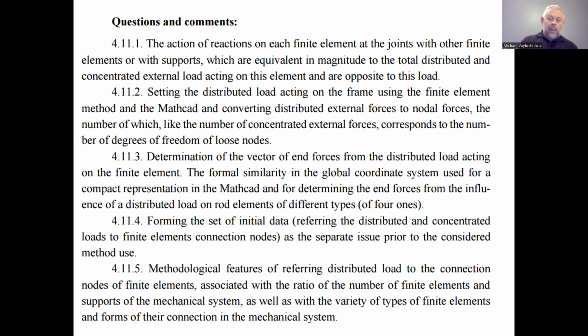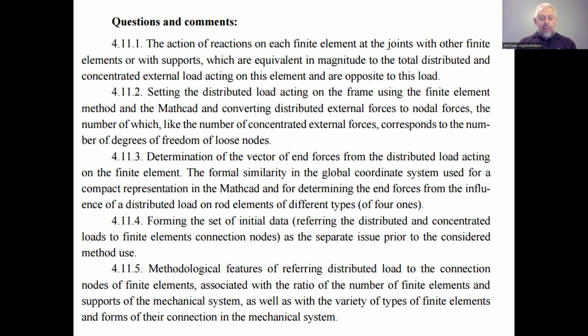Next we find the equivalent, in magnitude, to the total distributed and concentrated external load, the forces applied to the nodes in the supports of each finite element, which are the nodes of the discrete model of the mechanical system.